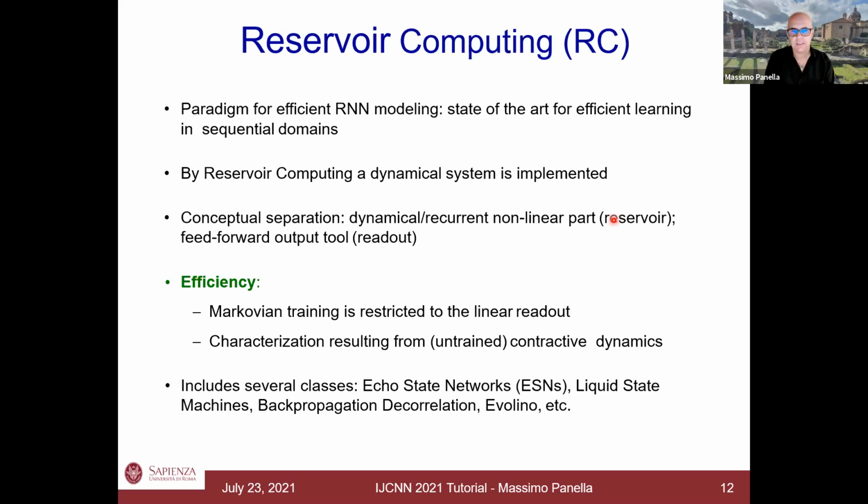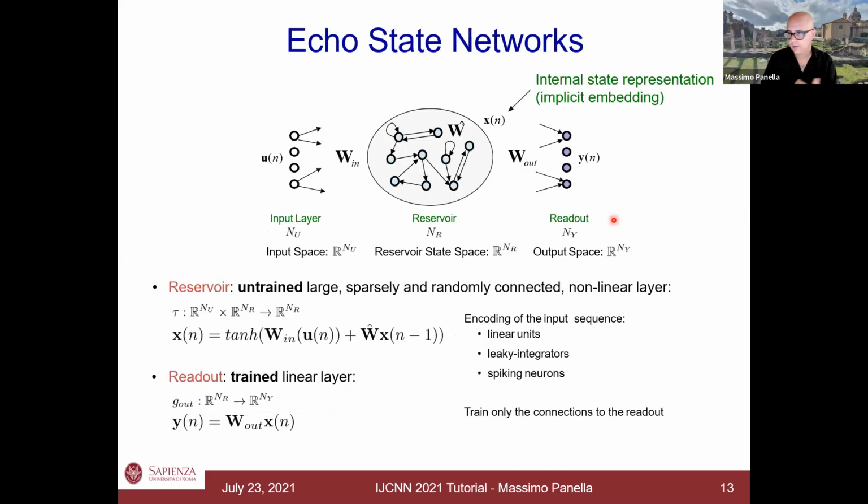The efficiency is really relevant to the Markovian training that is restricted to the linear readout only, which depends on the current state estimation. And the characterization of the contractive dynamics, the echo state property, in order to have contractivity and stability of the whole system, is in the reservoir part.